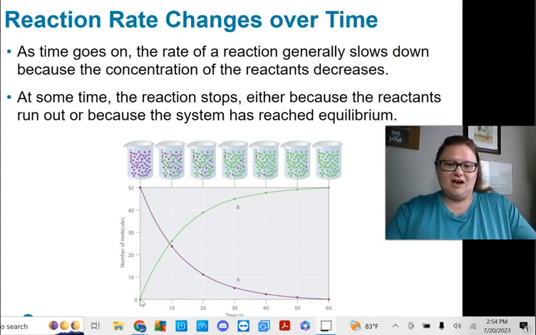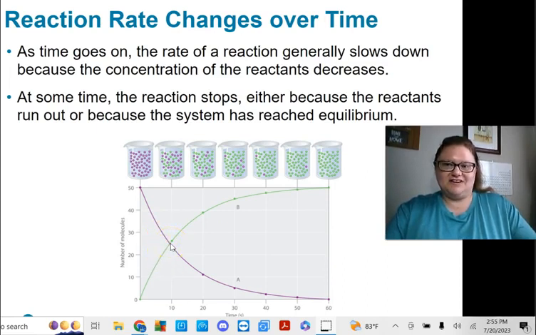So as time goes by, going along the x-axis, we're getting more and more of our green product. On the purple side, our reactants, as time goes on from time equals 0, we're getting less and less of our reactant. Reactants are being used up, products are being formed.